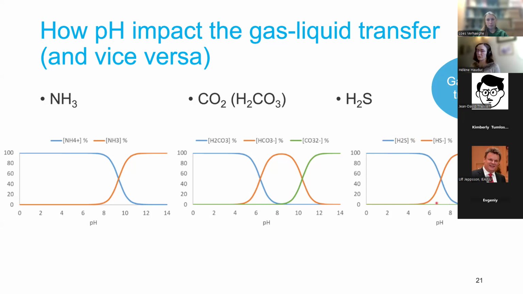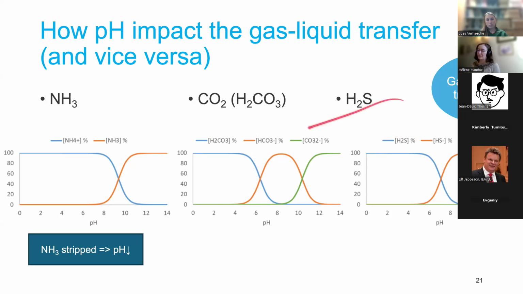But also when you strip those gases, it will affect the pH. For example, if you strip the ammonia, then it will shift the equilibrium between the two species towards more dissociation of the NH4 plus. Then it will release protons and the pH will drop.